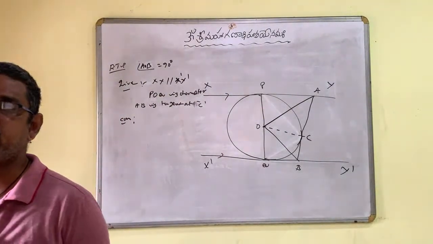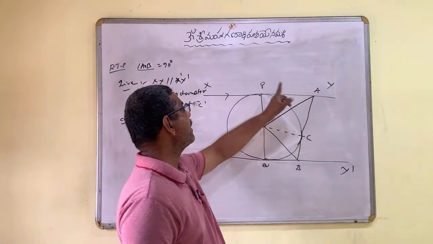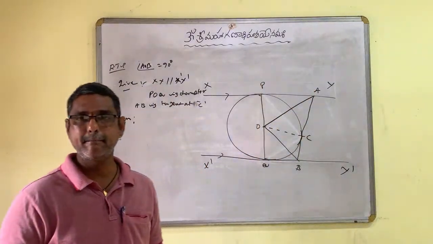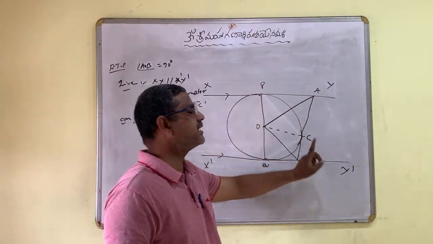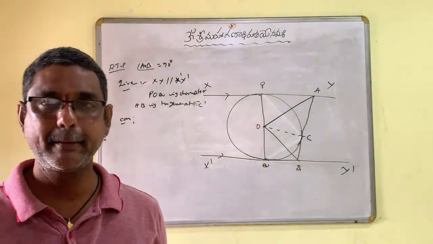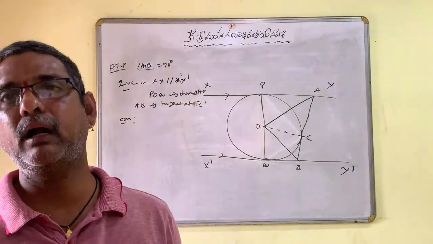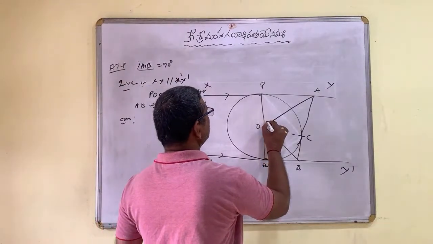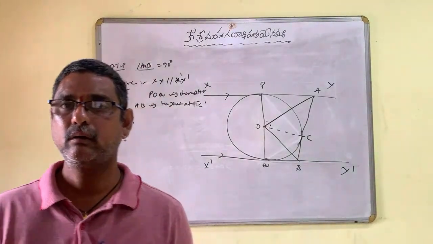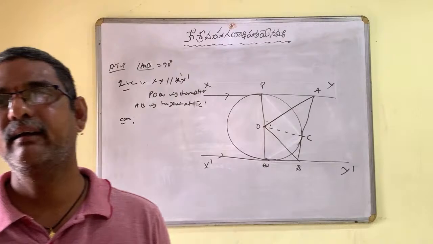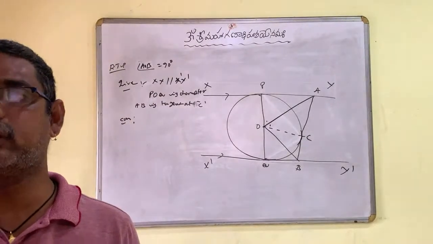Okay. Now, children, see this setup. What can you say? APOC. See that part only, children. Then what can you say about the dotted angles?